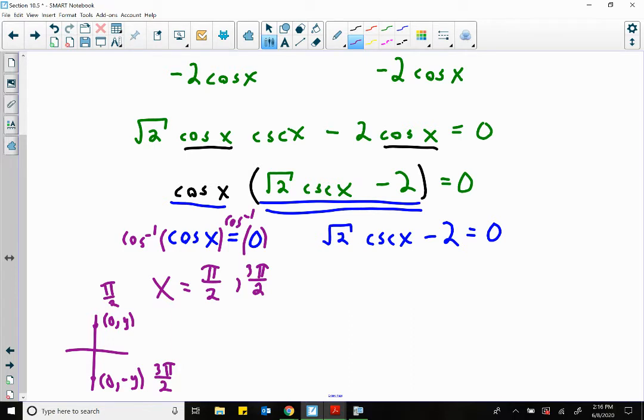Okay? So over here, solving this one, we're going to add 2, which gives us the square root of 2 cosecant x equal to 2. Then we're going to divide by the square root of 2.